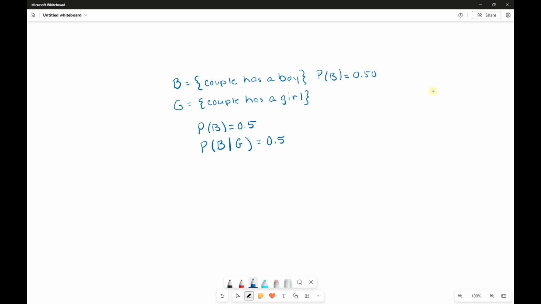Let's further look at the probability of a couple having a boy after they had girl complement, which would be a boy prior, right? Because if you don't have a girl, you have a boy. So that's also going to be 0.5. And you notice that it's the same either way.